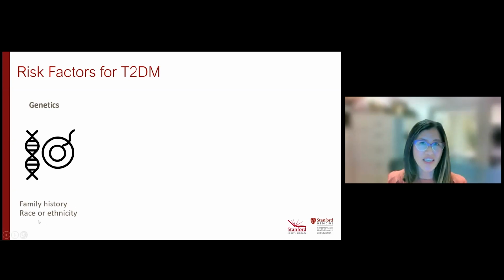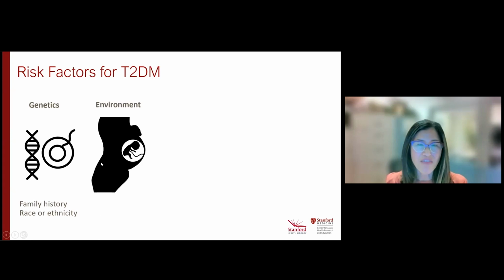There's obviously also racial and ethnic underpinnings, but those are still evolving. The environment is also very important. And I want to remind you that environment starts in utero, just from the moment that you're conceived.